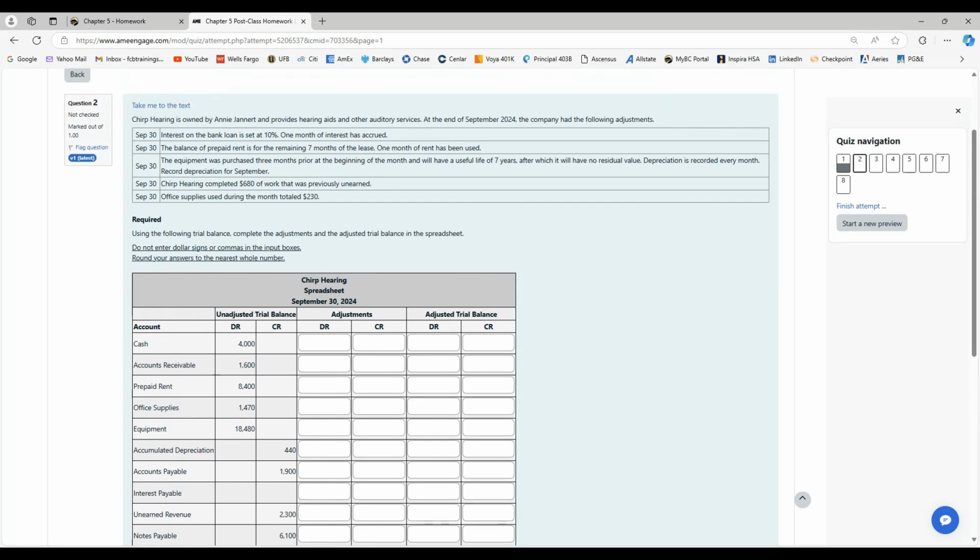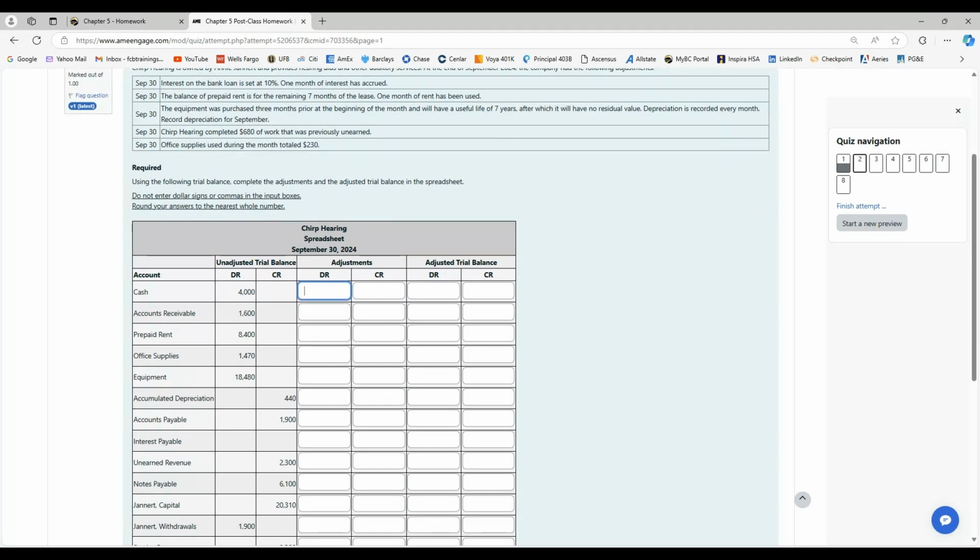Great. Okay. Well, let me snip this again. Pull this over. Okay. So the first adjustment tells us that we have, put this in my Excel here.